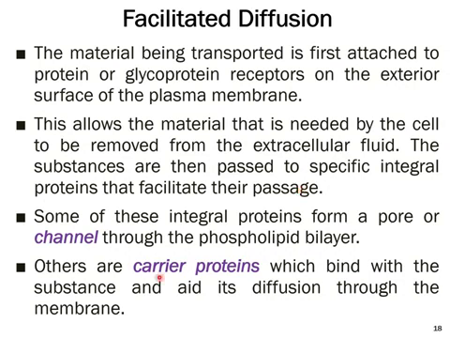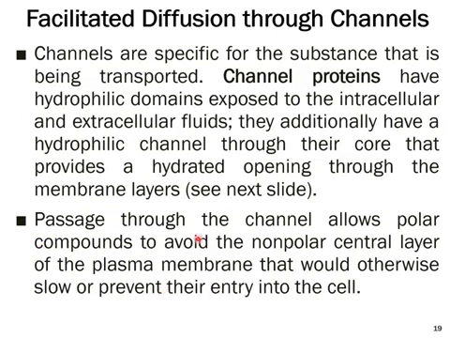There are some other carrier proteins which bind with the substance and aid its diffusion through the membrane. So some proteins help move things through channels, and some proteins bind with the substances and aid in the diffusion process. Channels are specific for the substance that is being transported. This is important: those channels are not universal, they're specific for the substances.